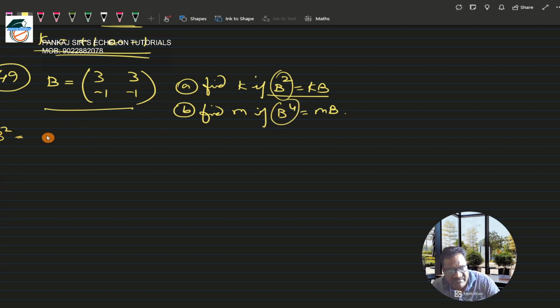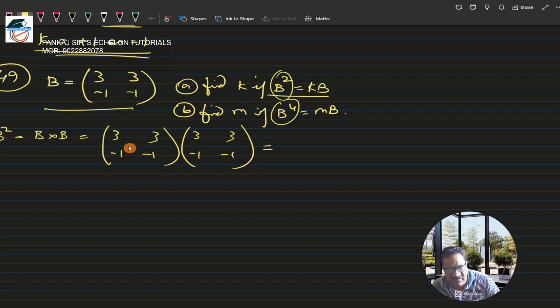So B square will be equal to matrix B times matrix B, which is equal to 3 3 minus 1 times 3 3 minus 1. This should work out to first row first column will give me 3 3s are 9, 9 minus 3 is 6.